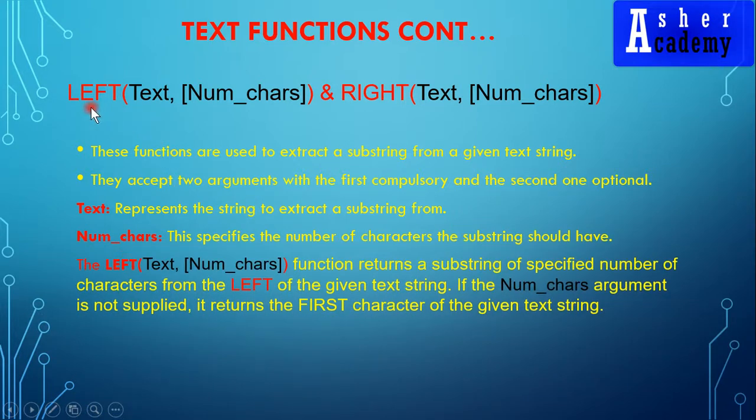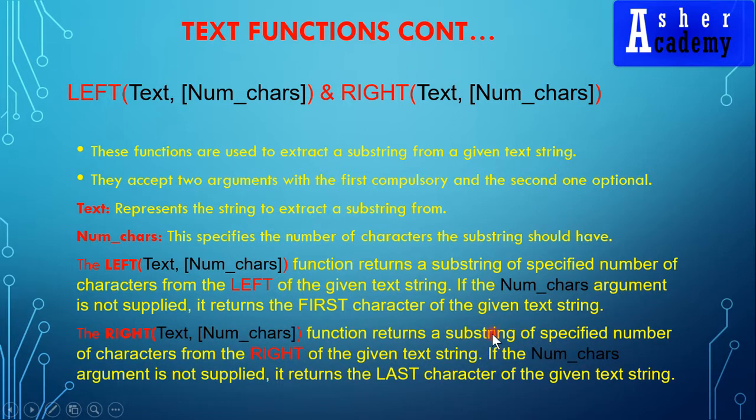Now, looking at the LEFT function, the LEFT function returns a substring of specified number of characters from the left of a given text string. If the numChars argument is not supplied, it returns the first character of the given text string.